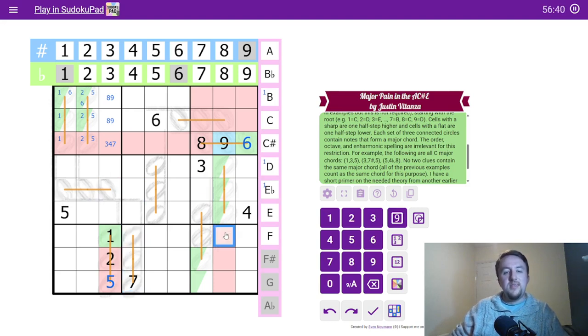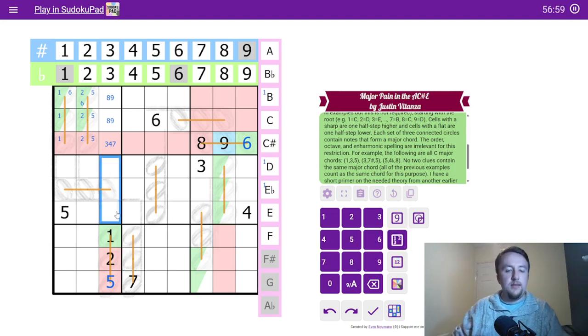This cell can't be. I think that could be if we had 6s. So 1, 2, and then one of these. Oh, that's a point. We do have a 6 in here.